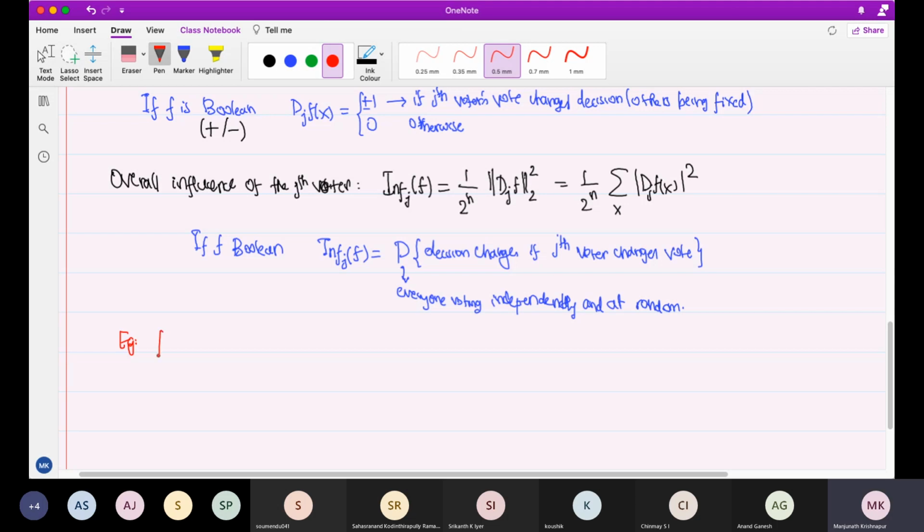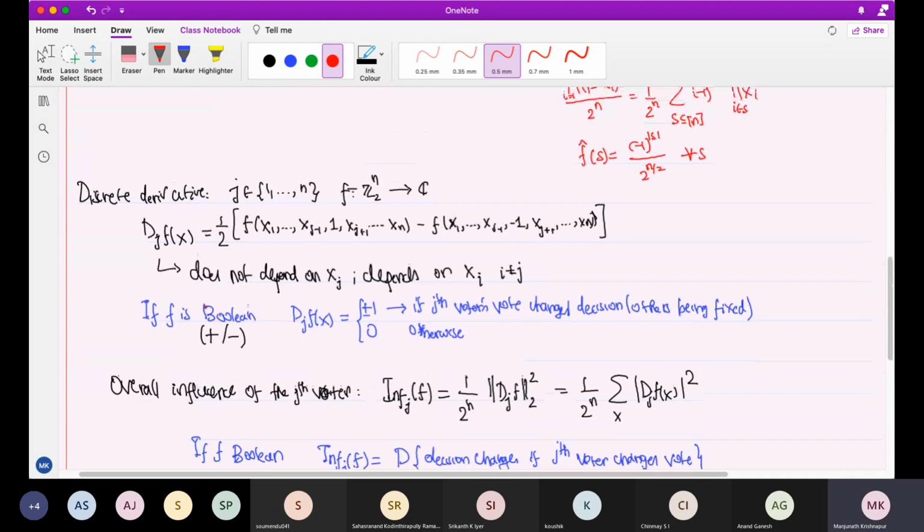Yeah, so let's say f of x is a character, chi S of x, where S is some subset. Let's take one of these characters. So what is d_j f of x? You remember this is just the product of x_j over j in S. So what is d_j f of x?